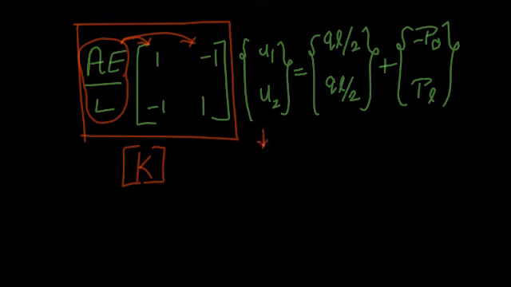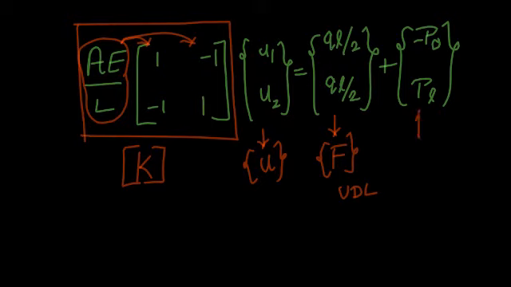It is called the displacement matrix, simply denoted as U. What about this matrix? It is the force matrix due to UDL. UDL stands for uniformly distributed load. And this matrix is the force matrix due to point load. That negative sign indicates that it's a reaction load.